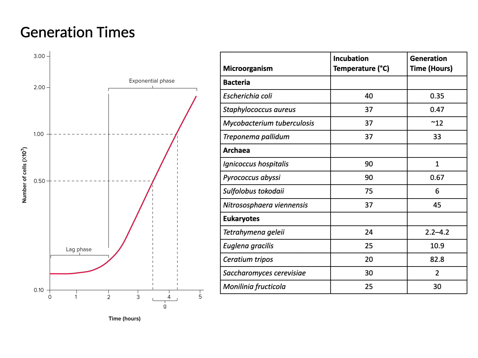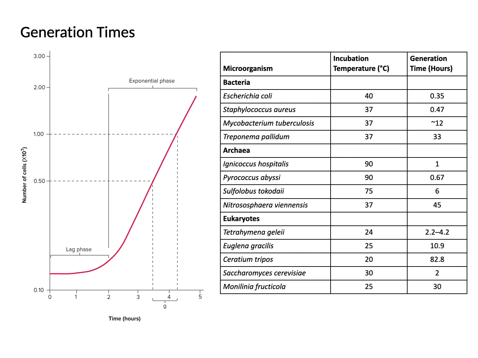For E. coli at 40 degrees Celsius, it has a generation time of around 21 minutes, so 0.35 hours. Again, if we had a suspected E. coli infection, we would want to go back and think about where we went that we might have gotten infected.